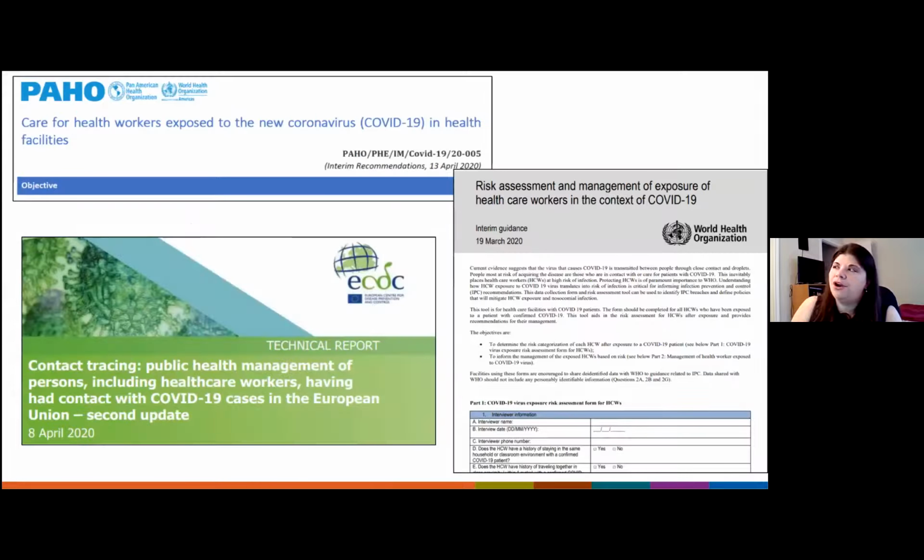I won't be able to talk about each of these guidance documents, and these are not all of them that exist out there, but I think for our audience, these are probably the most common technical documents that you may have reviewed or referenced and even used for your own policies at your own facility for managing exposed healthcare workers, from the World Health Organization, from PAHO, and from European CDC.